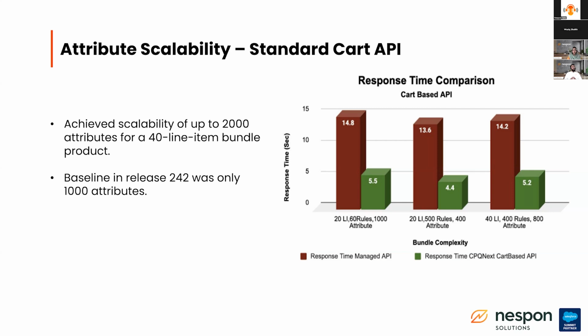Supporting all these configurations requires handling a large number of attributes to accommodate the wide range of product variations and customer preferences. So the Standard Cart API supports up to 2,000 attributes for a 40-line item bundle product, a notable enhancement compared to the 1,000 attribute limit in the previous version. This increase smoothly boosts the system capacity to manage more complex product configurations.